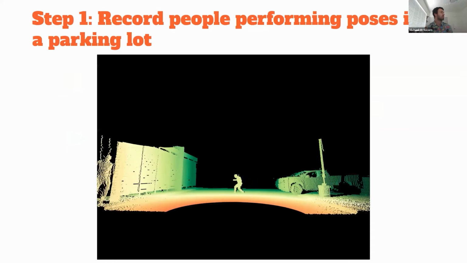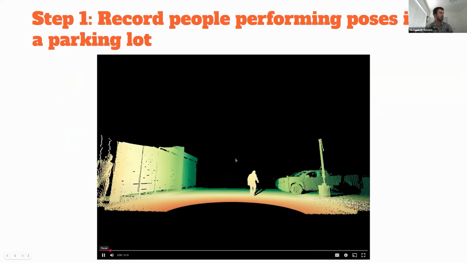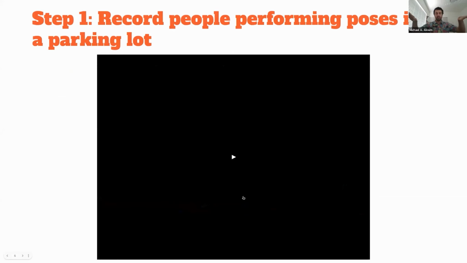The first step, again, is to record people performing different poses in a parking lot. The nice thing about this is that if you record the human very close to the LiDAR, there are going to be a lot of points. Their density is going to be very high, and that's going to allow us to do the LiDAR simulation effectively later. So essentially what this step is doing is removing that location factor, the L, from that combinatorial explosion piece.